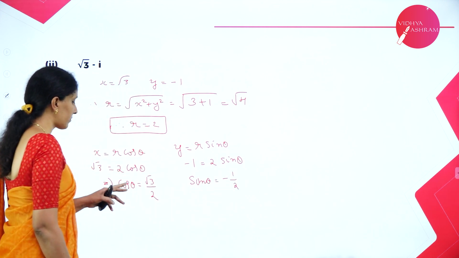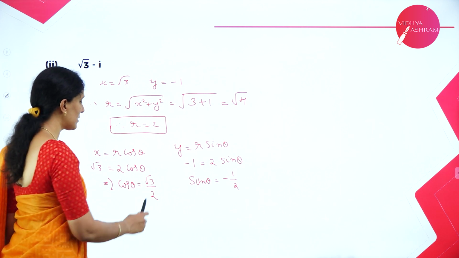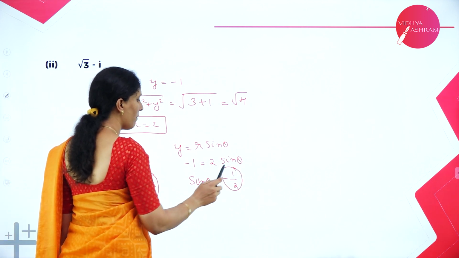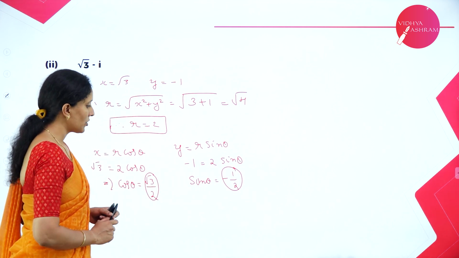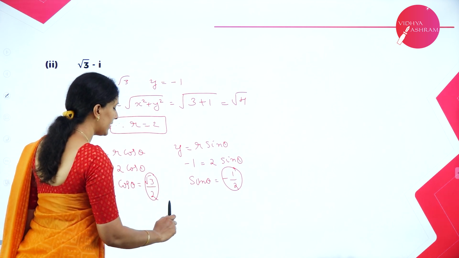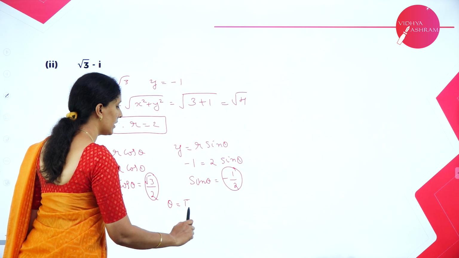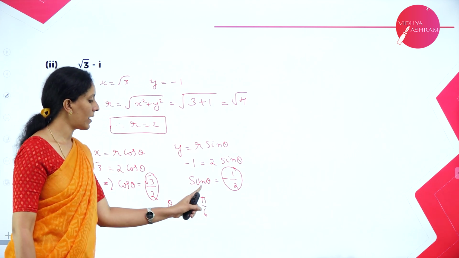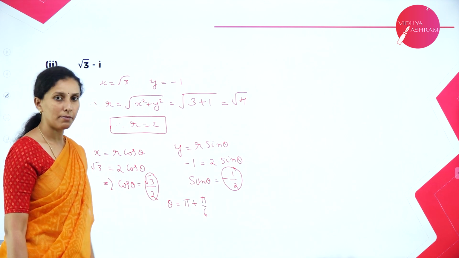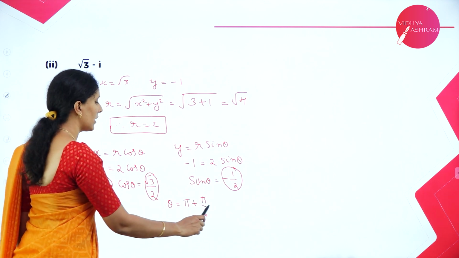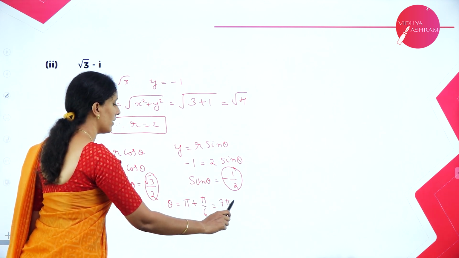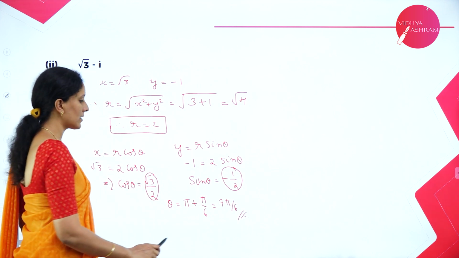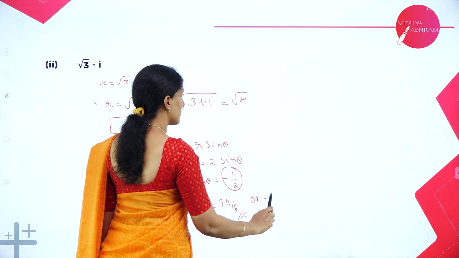Here theta can be taken as pi by 6 because we have root 3 by 2, and here we have minus half. So the sine function is negative, so we can take theta in the form of pi plus pi by 6. Because for pi plus pi by 6 we will get the solution as minus half. So this is equal to 7 pi by 6. Or we can also write it as minus pi by 6.